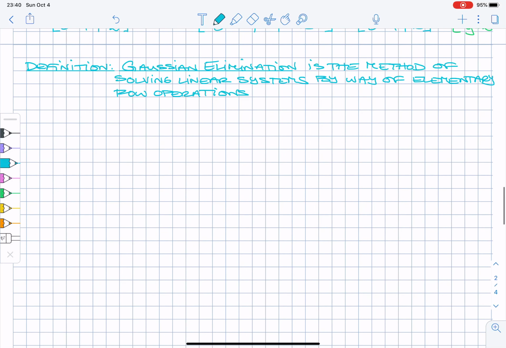So there's some terminology. Let's do this in purple, I guess. So terminology.